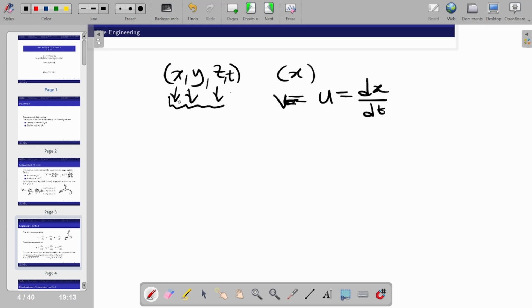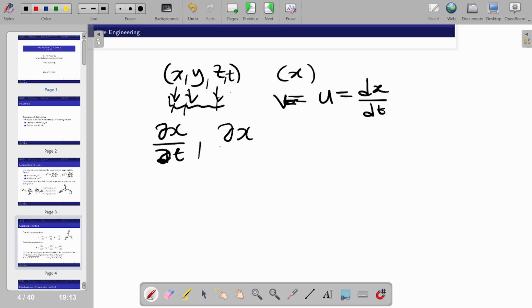All these changes of this one particle are called partial changes. It will change partly in x, partly in y, and partly in z. So the change along the x-axis will be called a partial change with respect to time. This symbol here shows it.